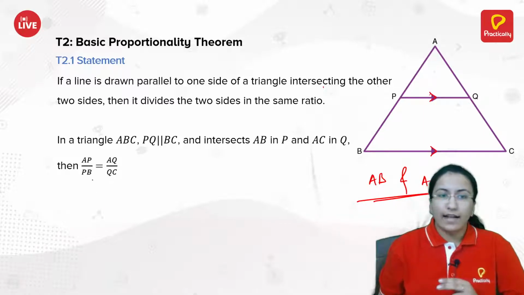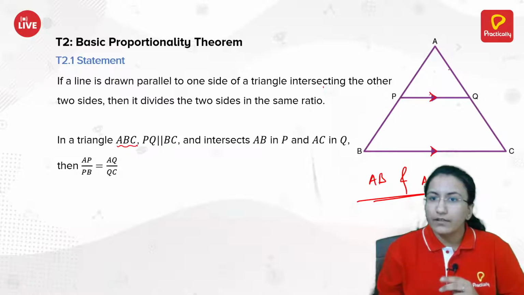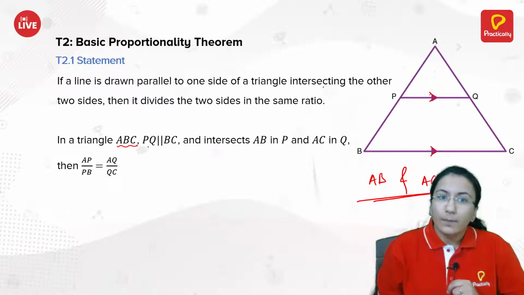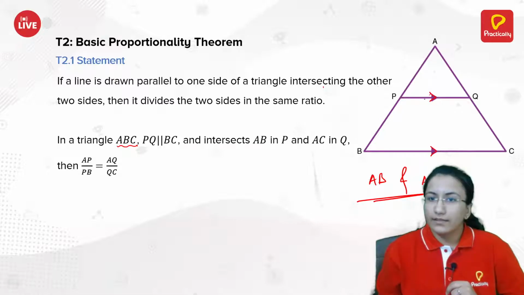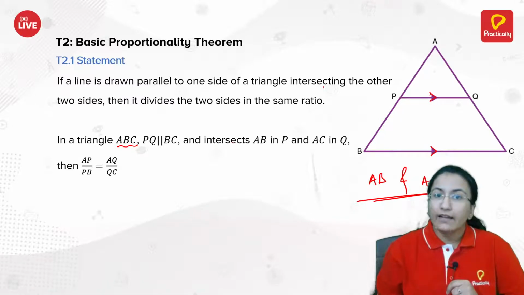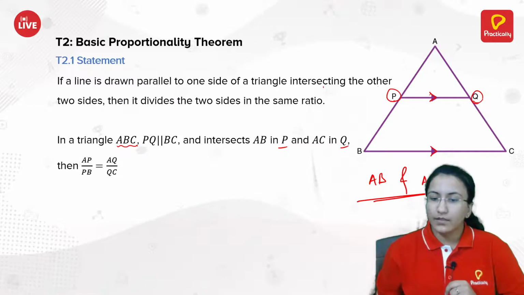What does this exactly mean? If we have a triangle ABC, here PQ is parallel to BC, right? And the intersection points are P and Q respectively. We have here the intersection point as P, and here as Q.